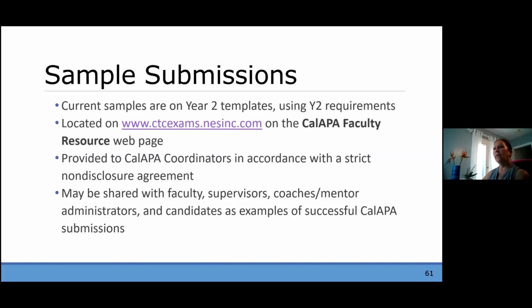However, as I pointed out, they may be used and shared with faculty, supervisors, coaches, mentors, administrators, and candidates as examples of CalAPA submissions that are from the mid-range of the rubric. So mid-range means scores of 2s, 3s, or 4s typically. And they are there for you to use for educative purposes.